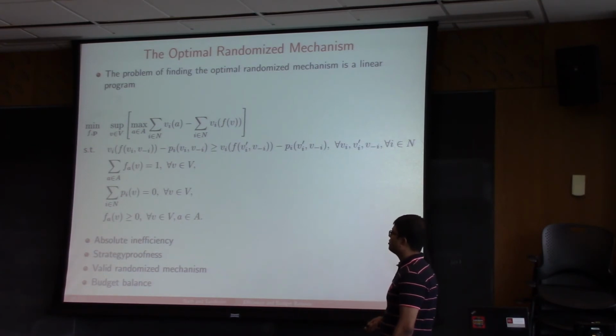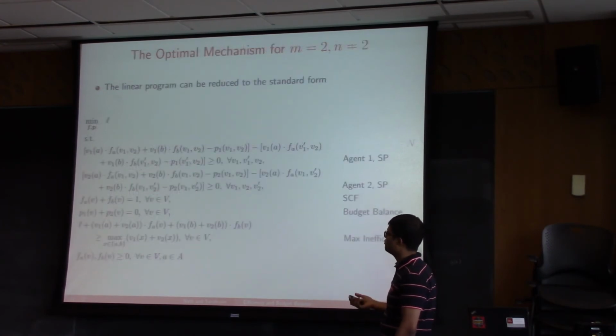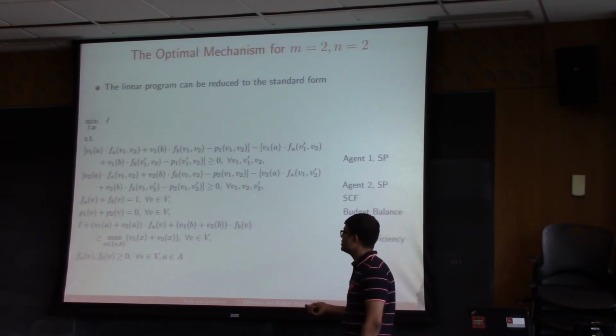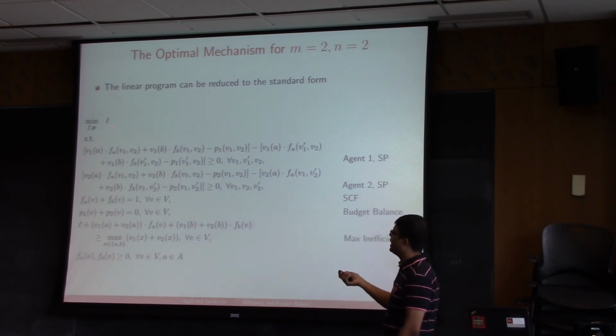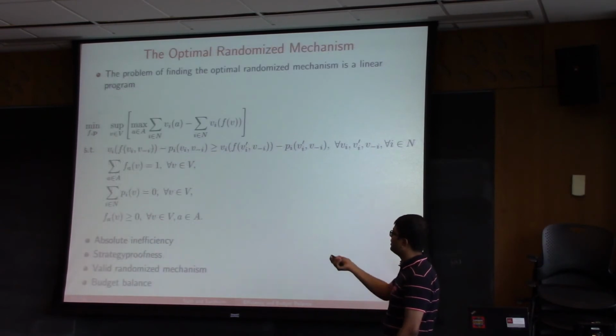So this is a linear program. You can reduce it to the standard linear programming format for 2 agents and 2 alternatives, where I have replaced the objective with L and replaced that L with the supremum.